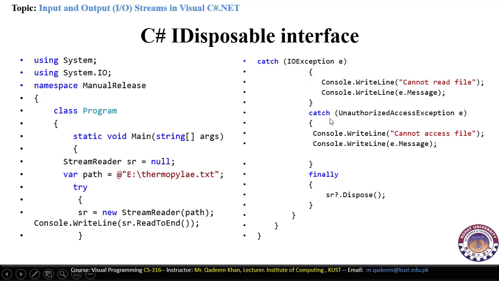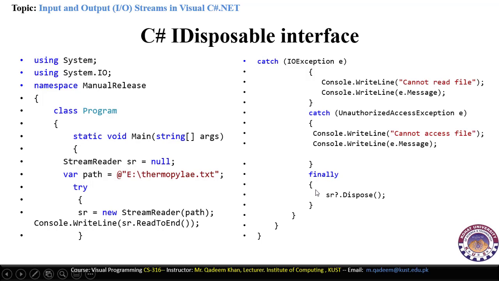And similarly, another catch statement, UnauthorizedAccessException: if the file is protected, for example by a password, or an unauthorized user cannot access that file, then this exception will be raised and Console.WriteLine "cannot access the file", and here the exception message will be displayed using e.Message.